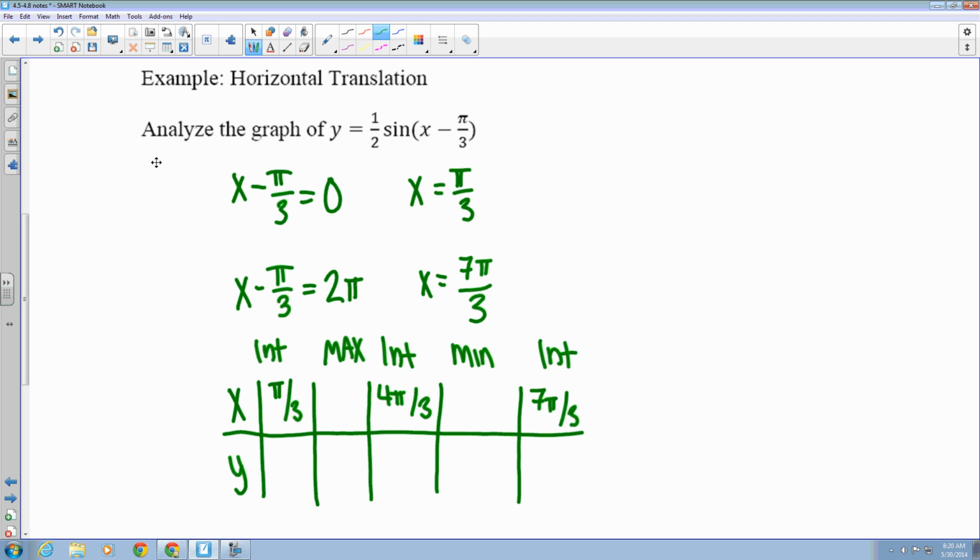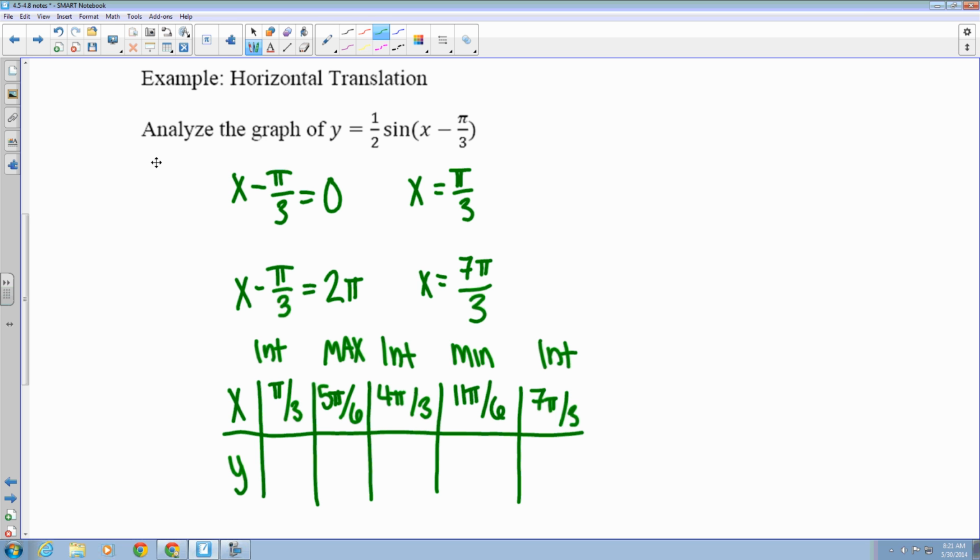And I'm going to do the same thing with the first half to find the max. I'll add pi over 3 and 4 pi over 3, and divide by 2, and I'll get 5 pi over 6. I'll do the same thing for the minimum. Add 4 pi over 3 and 7 pi over 3, divide by 2, and I get 11 pi over 6.